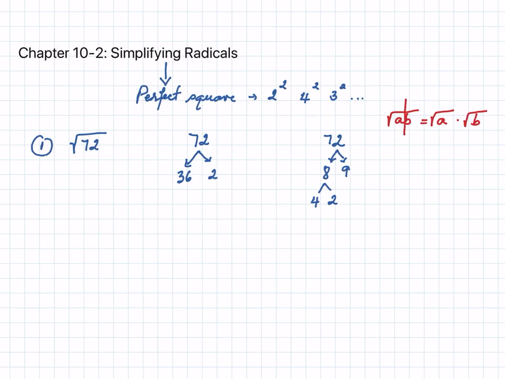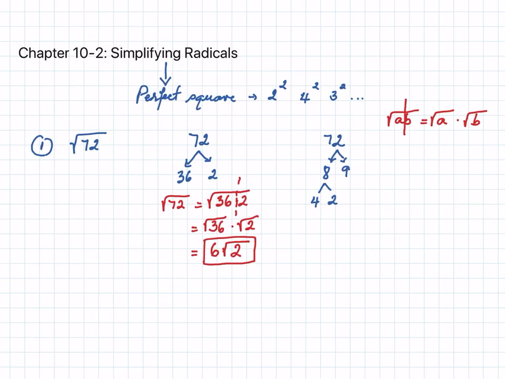In this case, square root of 72 is the same thing as square root of 36 times 2. You split it out as square root of 36 times square root of 2. 36 is a perfect square, and the square root of that is 6. 2 is not a perfect square, so I'm going to leave it inside. So this should be the simplification of it.